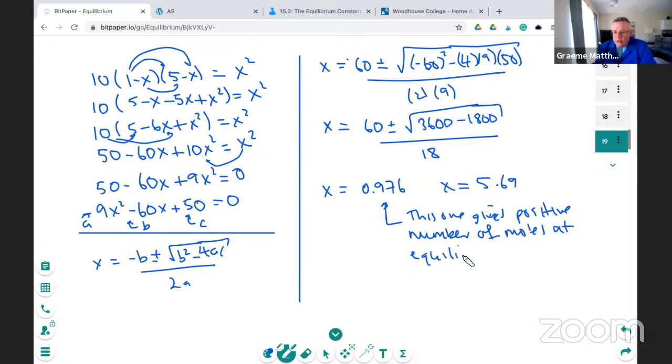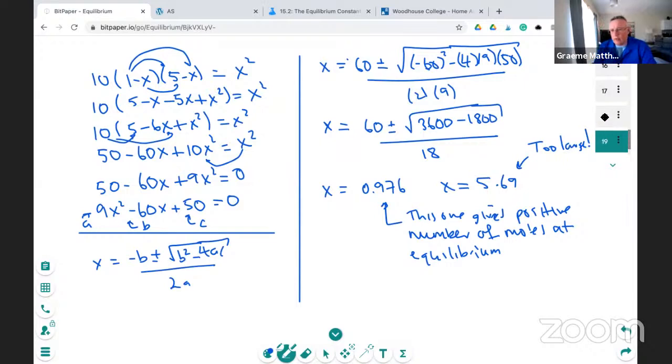So this is how you decide. Yeah, they are both mathematically correct, but 5.69 is, well, it's too large. You would have negative values of moles at equilibrium. That doesn't make any sense.